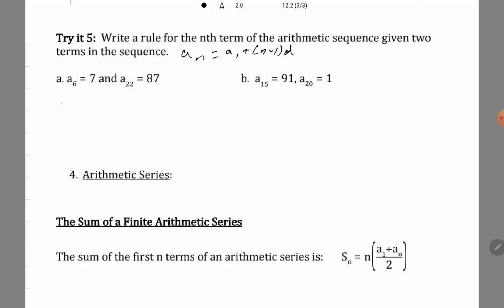Plug a sub 6 in. So a sub 6 is equal to a1, which we don't know, plus n minus 1 times d, which we know n is 6. And we know that a sub 6 is 7. So 7 equals a1 plus 5d.